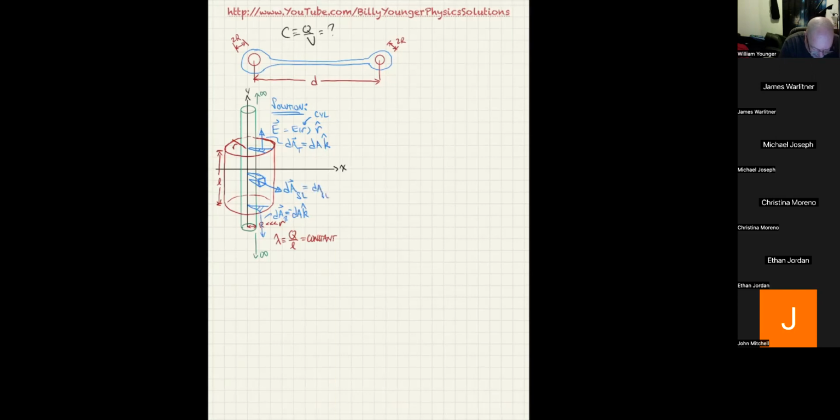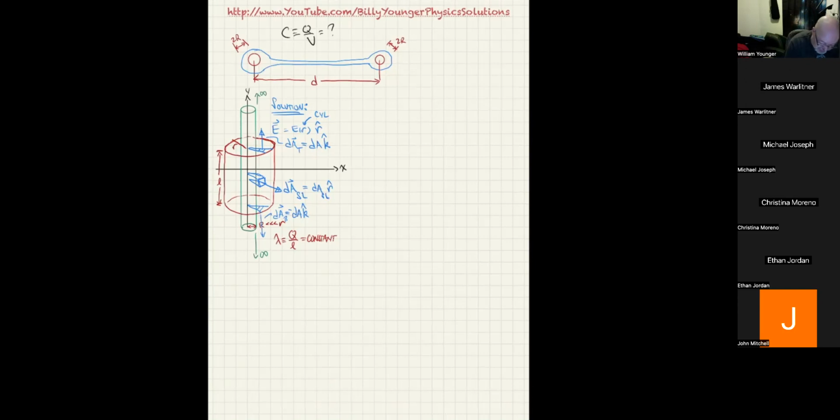Technically, I should call it dA soup label because it's a different one than the dAs I use for the top and the bottom. In fact, this one is r d theta times dz, if you really wanted to know, but you don't need to, don't worry about it. So this is SL, and it points in the cylindrical coordinate r hat direction. So again, cylindrical coordinate is what we're talking about here.